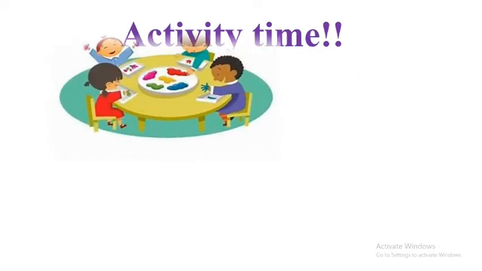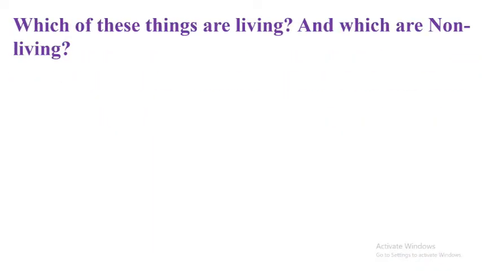Activity time. Students, let's guess which of these are living things and which are non-living things. You may tell, is it a living thing or a non-living thing? A pen.